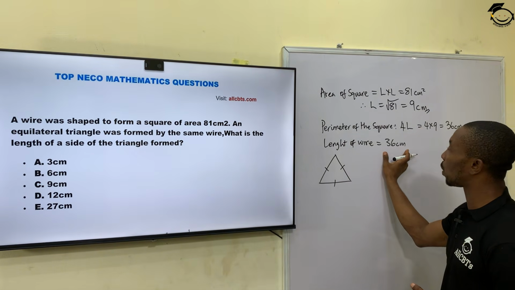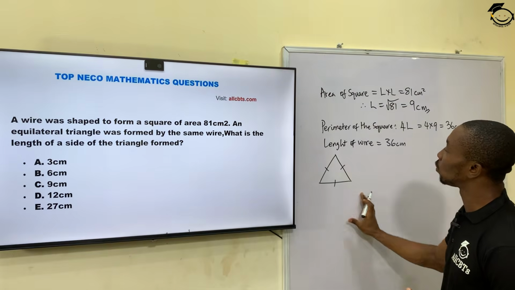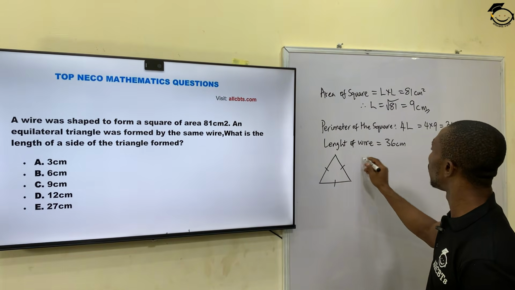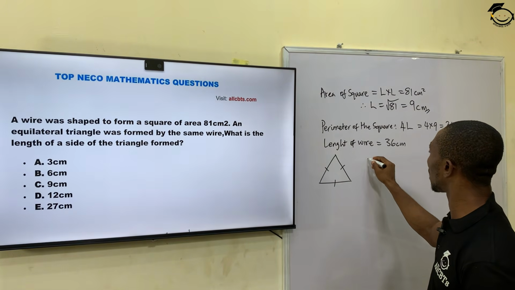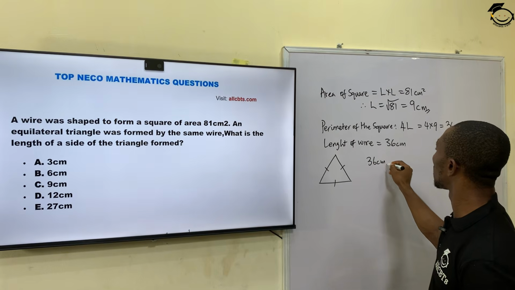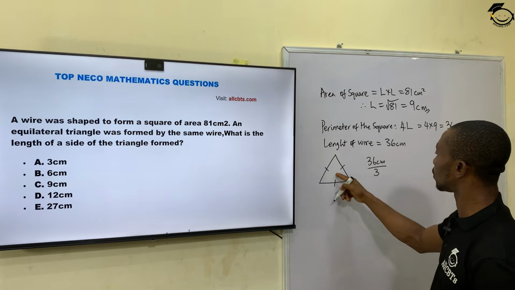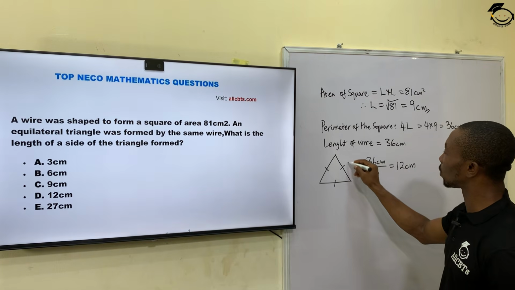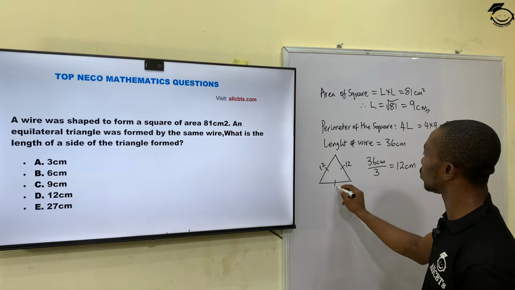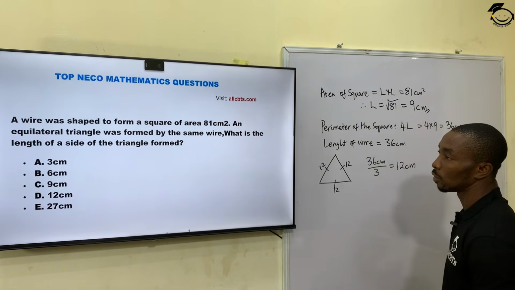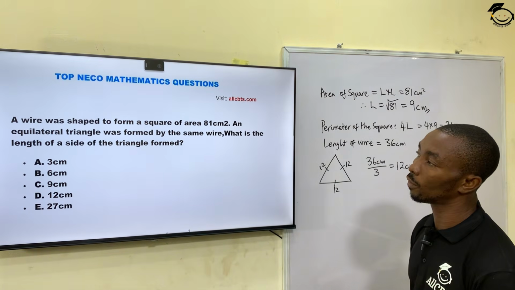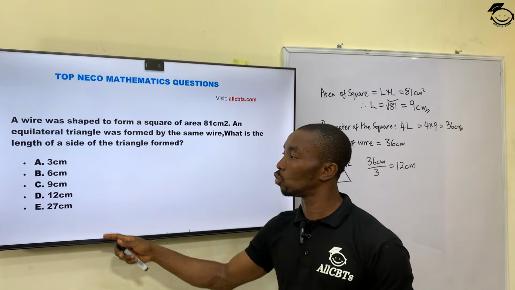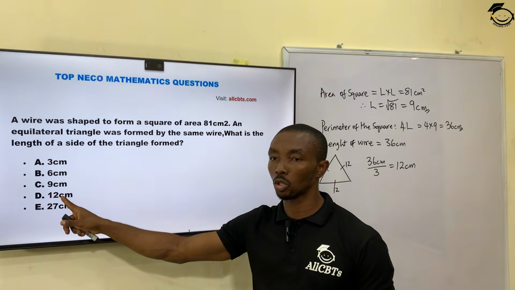So having a wire of 36 centimeters to form an equilateral triangle, for us to get the length, we have 36 cm divided by the number of sides of our triangle, 3, which will give us 12 centimeters. That means each of the triangle's sides is 12 cm. So the length of the side of our triangle formed will be 12 cm, which is option D.